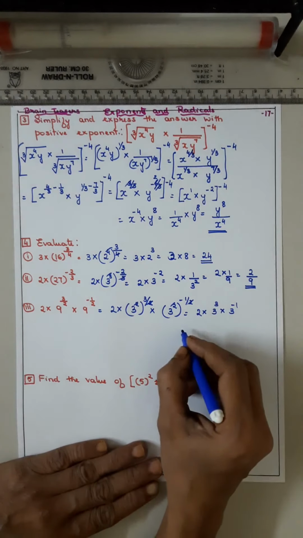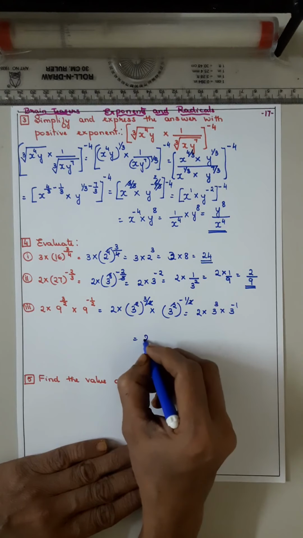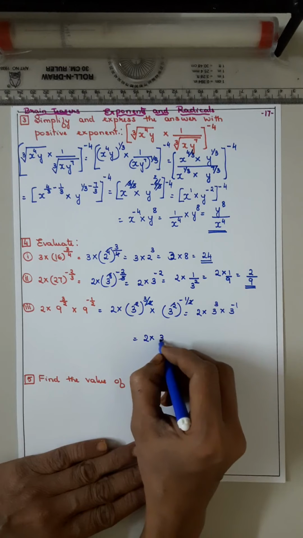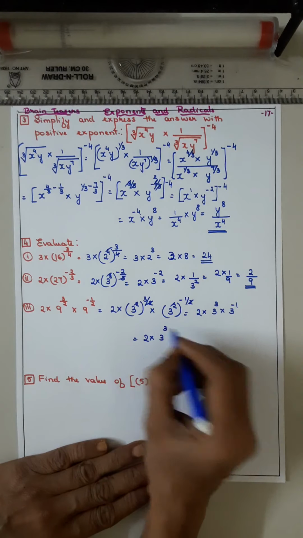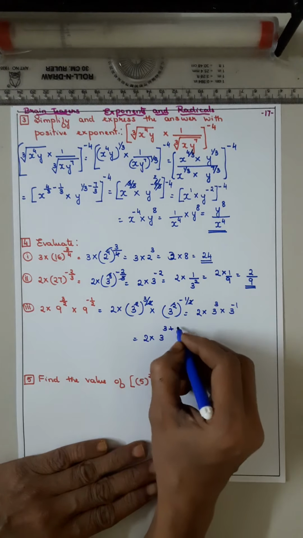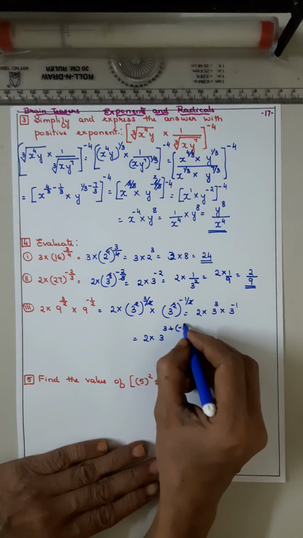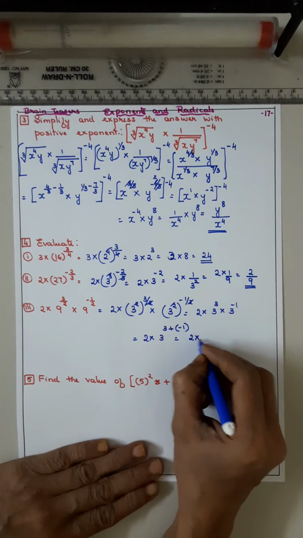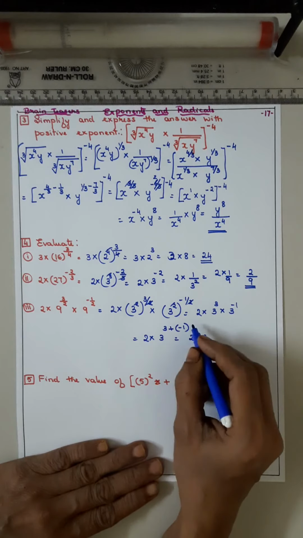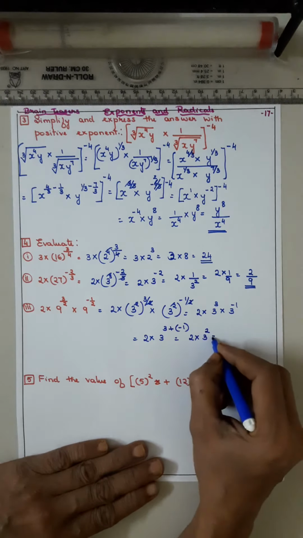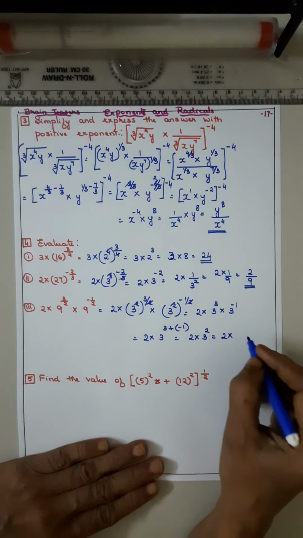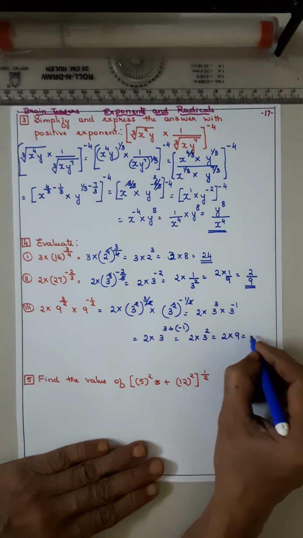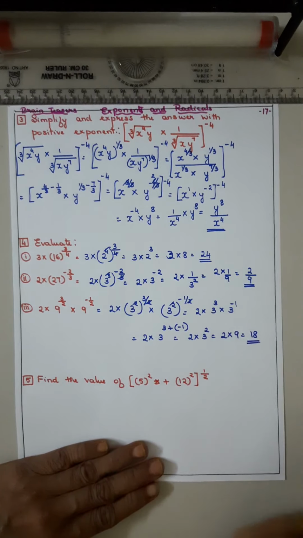Okay. Now this is 2 into 3, bases are same, multiplication means plus, isn't it? So it becomes 2 into 3 to the power 3 minus 1 is 2. So 2 into 3 square is 9. 2 nines are 18.